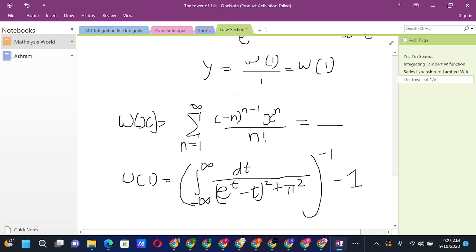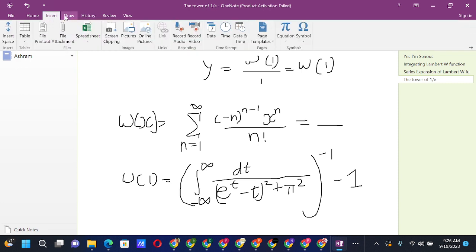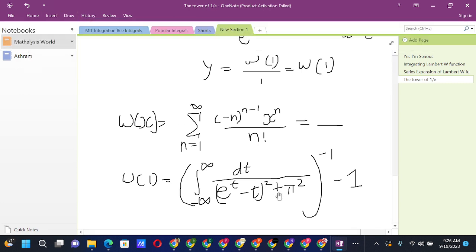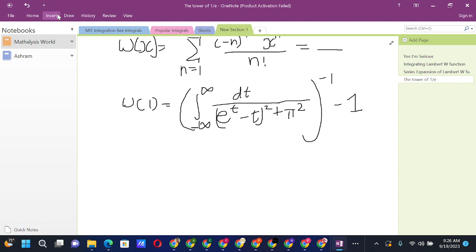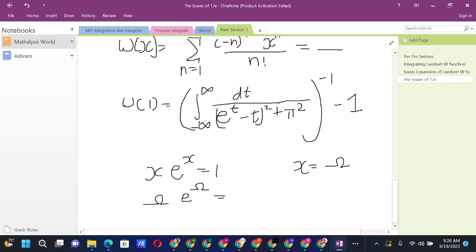Of course we will get a real value using these ideas, but we also have another thing: the solution of x e to the power x equals 1. For this expression we define the solution x as omega. So we say that omega is a solution for this expression, and omega is a mathematical constant which solves this equation.